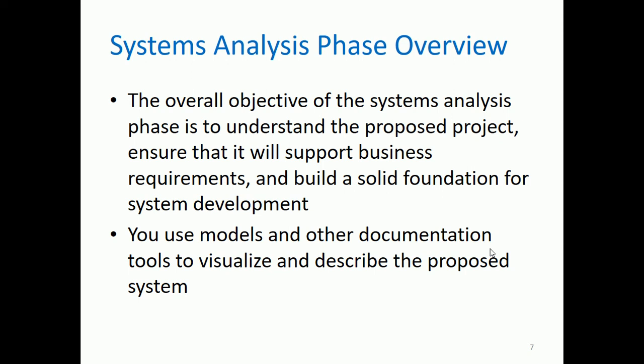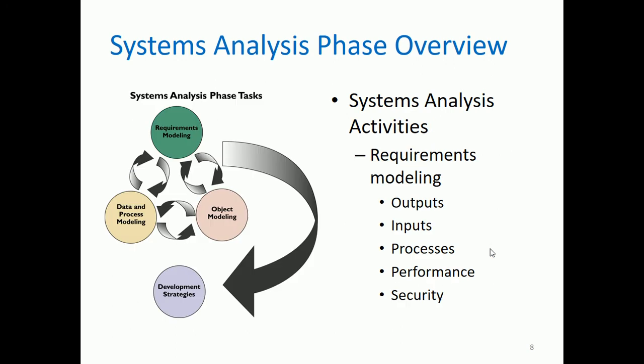For this phase, it's more about creating diagrams because it is easier to understand business processes if they are represented using visualizations and diagrams. It's difficult if you're going to just list the business processes. It's easier for us to understand if it is done using diagrams and other visualization tools.